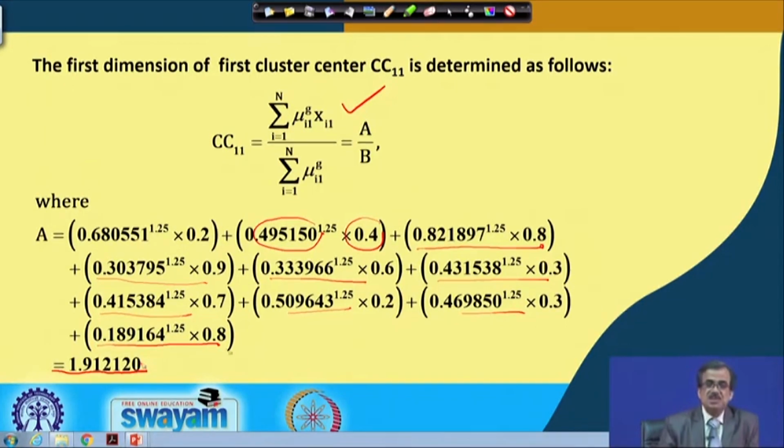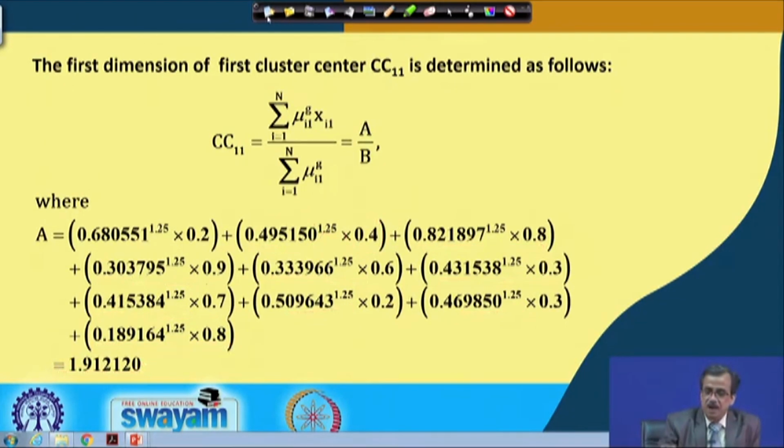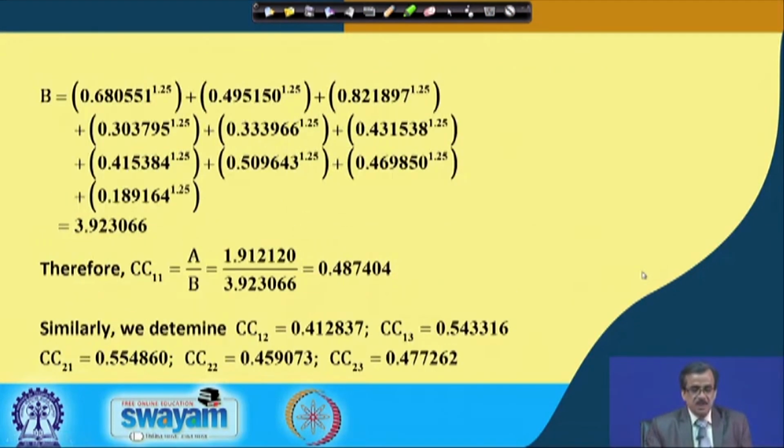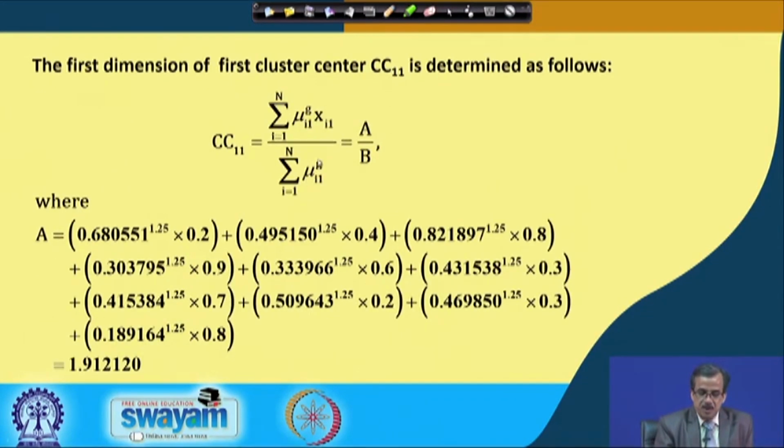So, I hope this is clear to all of you, and now I will have to find out what B is. To find B, B is nothing but mu i1 raised to the power g, and i varies from 1 to n. So, I put i equals to 1, next time i equals to 2, i equals to 3, then at the end i equals to n.